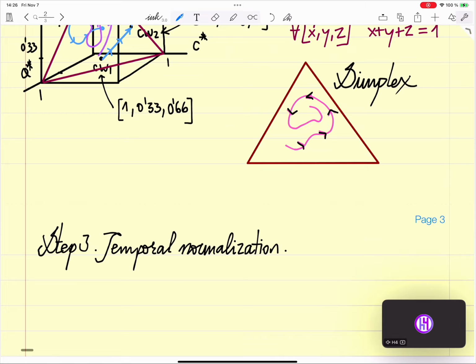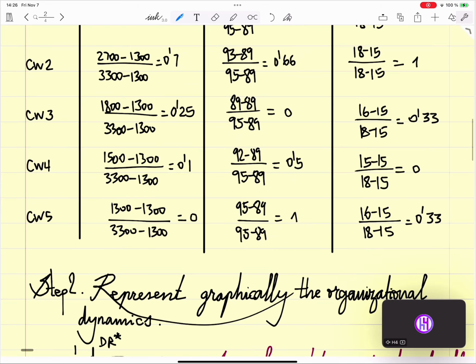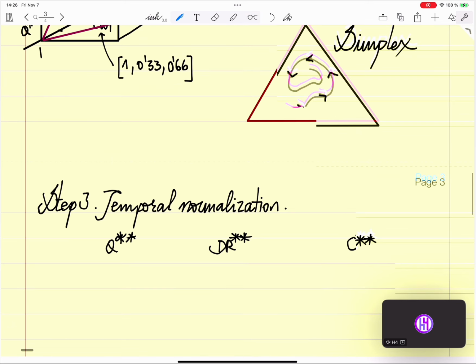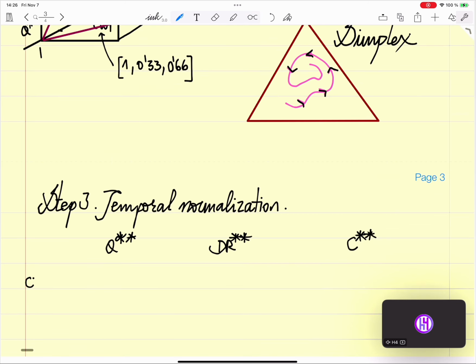Okay, and the way to do it is to take the data. We have quality, delivery rate, we call it star star now, and cost star star.